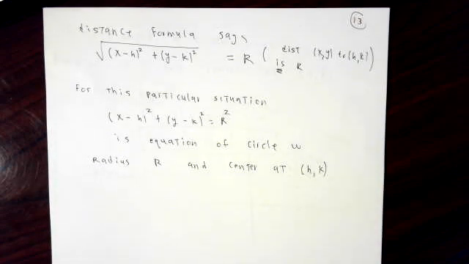So x minus h squared plus y minus k squared equals r squared is the equation of a circle with radius r with center at the point h comma k. If somebody wrote down something like that in front of you with actual numbers for the h, k, and r, you should take one look at it and tell them what the picture looks like.